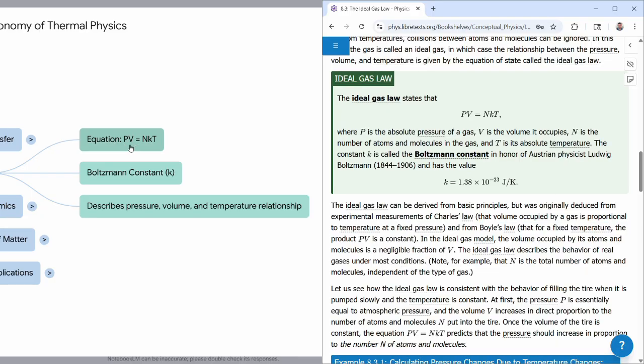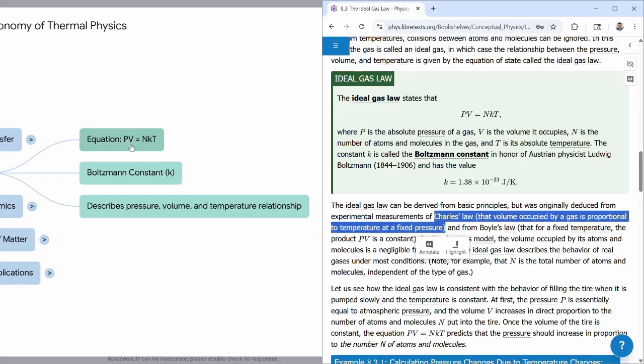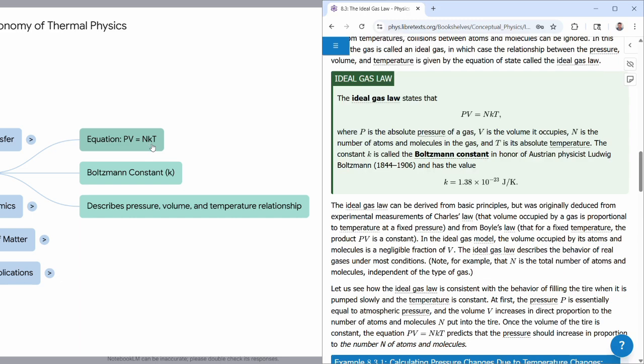If you keep the volume constant, then the change of pressure is proportional to the temperature change, again measured in the Kelvin scale. And if you keep the pressure constant, then the change of volume is proportional to the change of temperature, again in the Kelvin scale. And this one equation is the ideal gas law that captures all those three experimental phenomenological laws that chemists found.